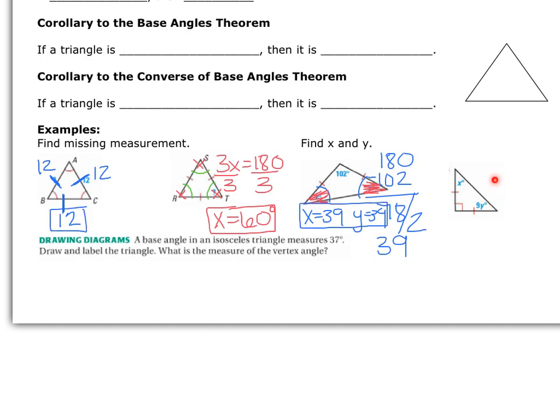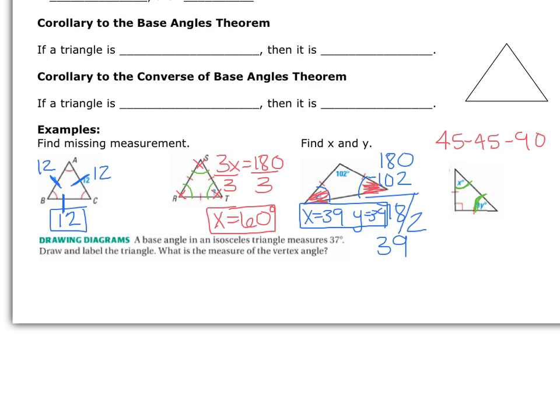All right, here, pretty similar too. Notice we have an isosceles triangle, so if the sides are congruent, then the angles are the same. What you have here is a right triangle. A right isosceles triangle is what we refer to as a 45, 45, 90 triangle, because this angle is 90.